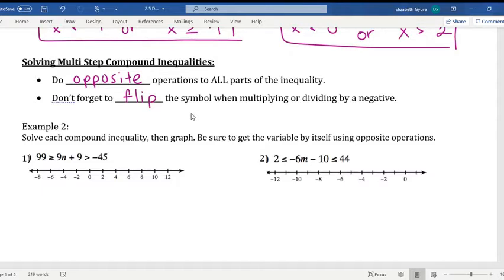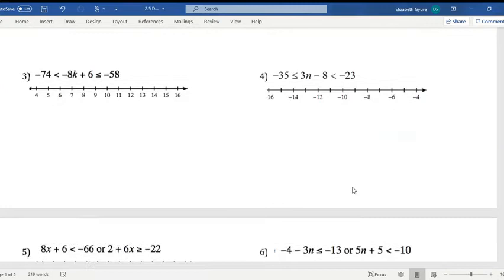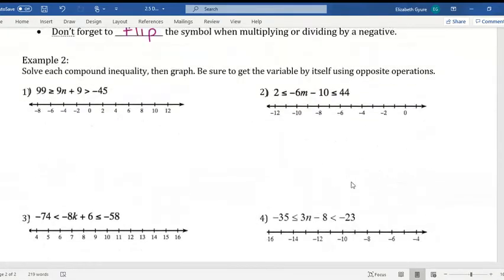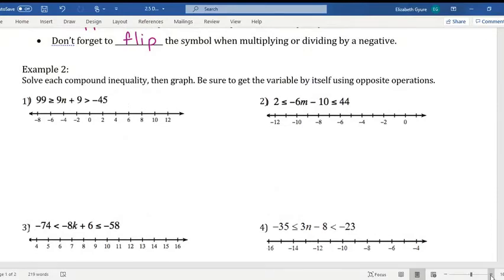So example 2 here, we're going to solve each compound inequality. Make sure you get the variable by itself, and as we go through, I do ands, and then we do ors. So we're going to look at our ands first.